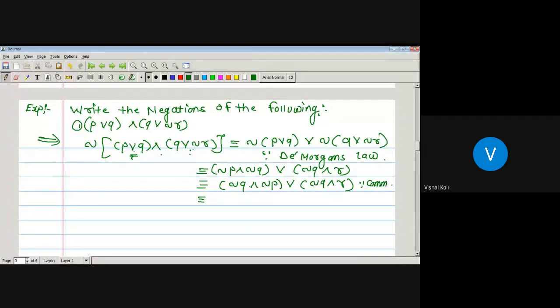Now this can be written as negation of Q and negation of P or R. By distributive law, it is nothing but negation of Q and negation of P, or negation of Q and R, which is from the distributive law. In this way, we can find out the negations of the given statement patterns.